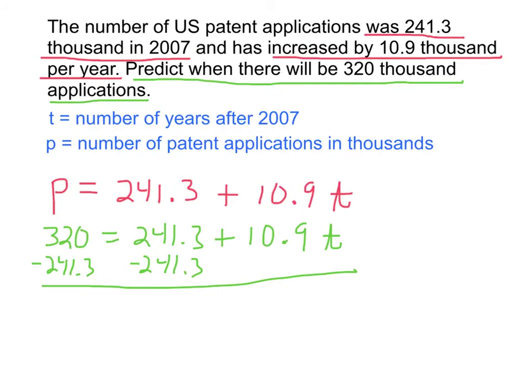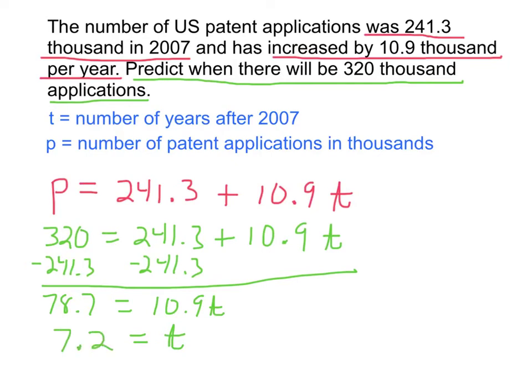And that comes out to be 78.7 equals 10.9 t. And then we'd have to divide both sides by 10.9. So if we take 78.7 and divide it by 10.9, we will end up with about 7.2.